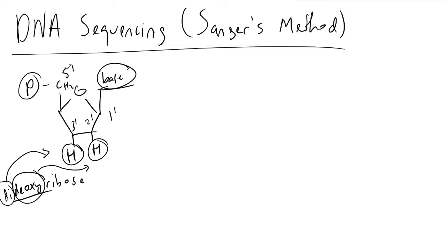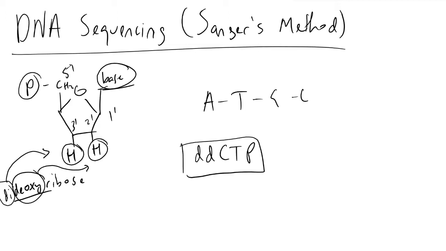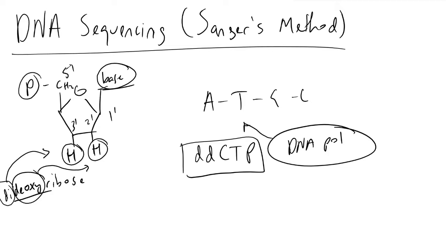Let's say we had the sequence ATGC, and we had ddCTP present in our solution. DNA polymerase would be adding on the complementary base pairs in the 5' to 3' direction. So it would correctly bind thymine to adenine, adenine to thymine.